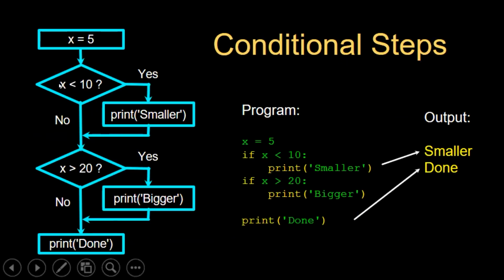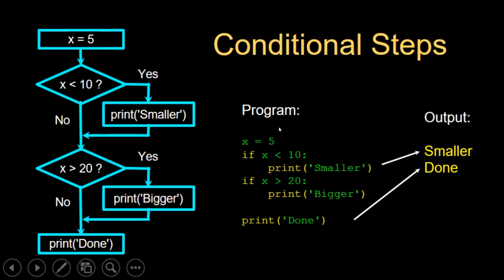Okay. So we have here conditional. So conditional, ito yung parang rhombus or parang naka-diamond o diagonal. Ayan. And then ito yung sa statement natin. So later on, maybe sa exam nyo siguro, you will need to create a flow chart of a certain program. For example, this is our program.